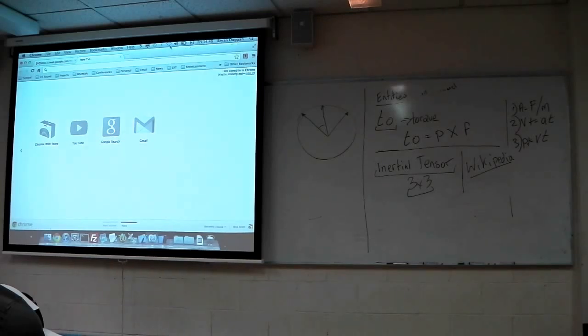Let's see something going weird in this shoddy operating system. Oh, DIT Wi-Fi is now connected. Alrighty.